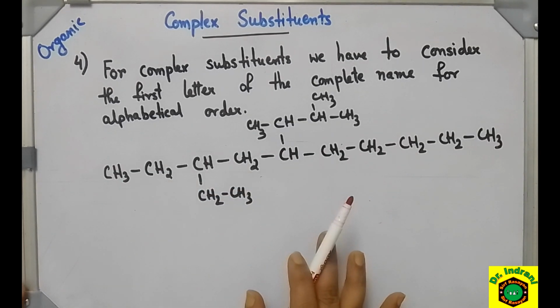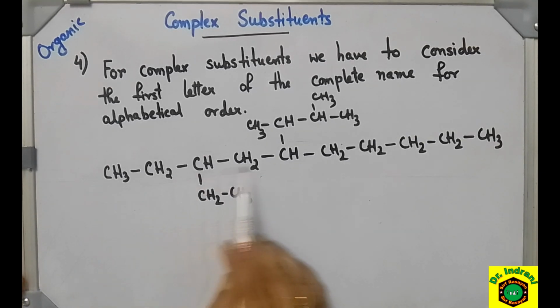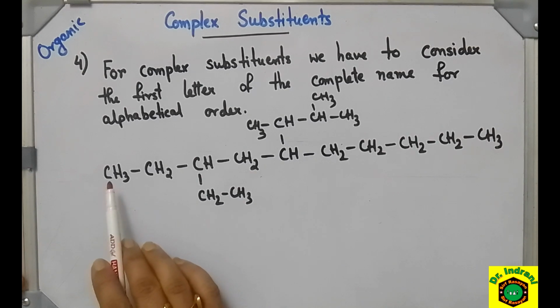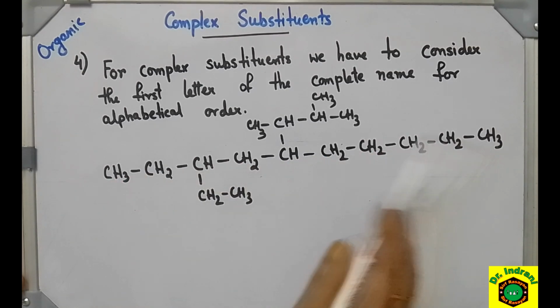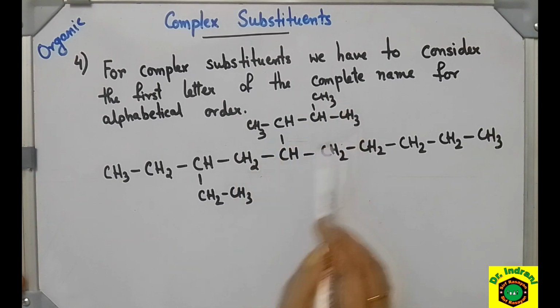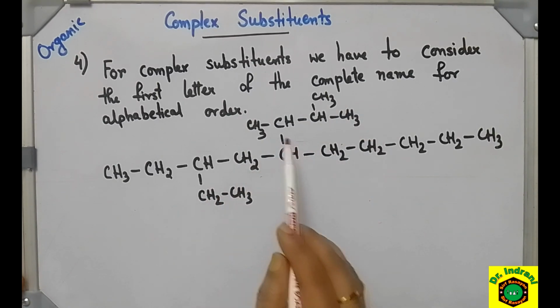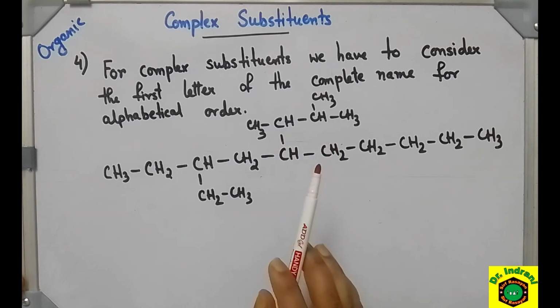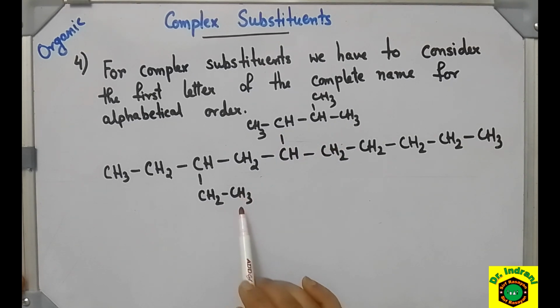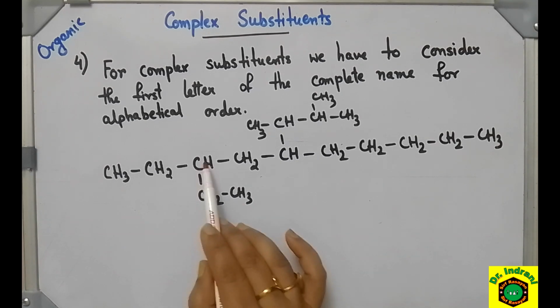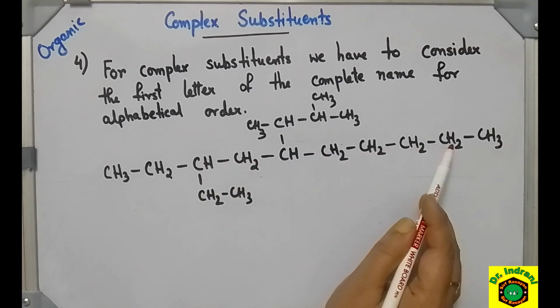So first we have to select the longest carbon chain. If we are considering this chain, it is having 1, 2, 3, 4, 5, 6, 7, 8, 9, 10 carbon atoms and 2 substituents are there. And this substituent is complex substituent. Now you are understanding. Another chain also you can select. It is having 1, 2, 3, 4, 5, 6, 7, 8, 9, 10.